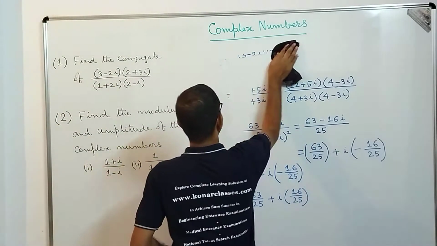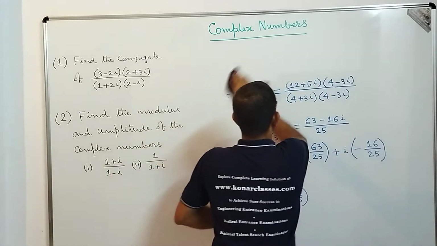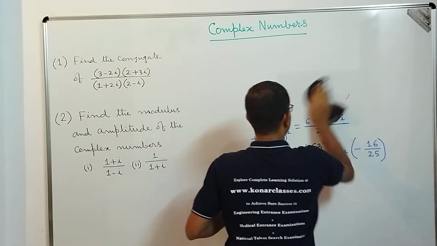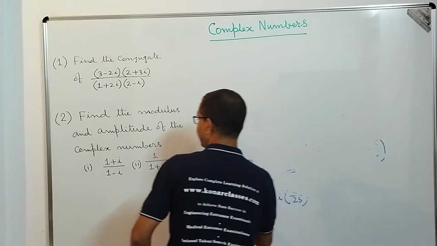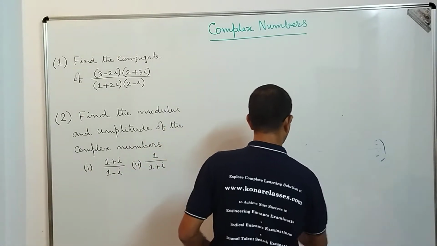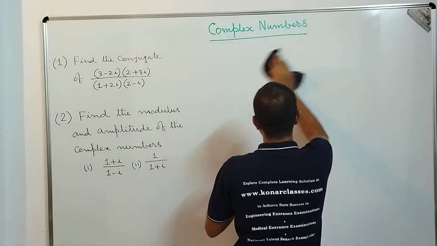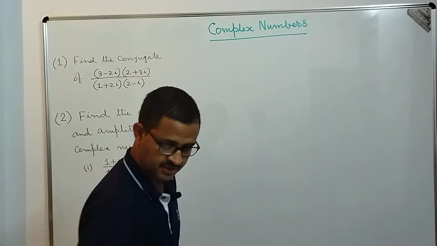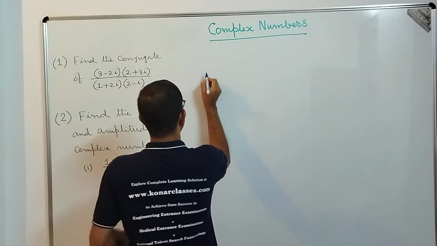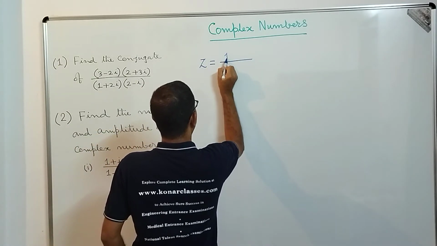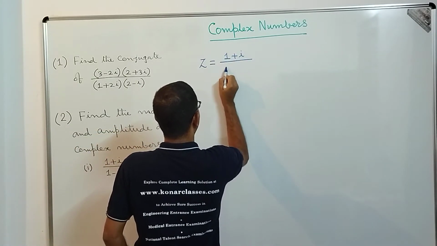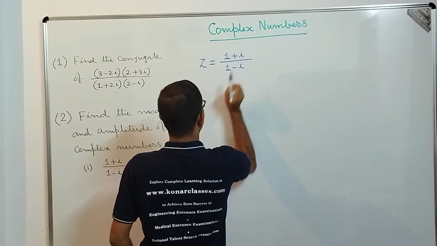So dear students, in the second question, the first part is that we need to find the modulus and amplitude of the complex number (1 plus i) by (1 minus i). Let's take Z equal to 1 plus i divided by 1 minus i.